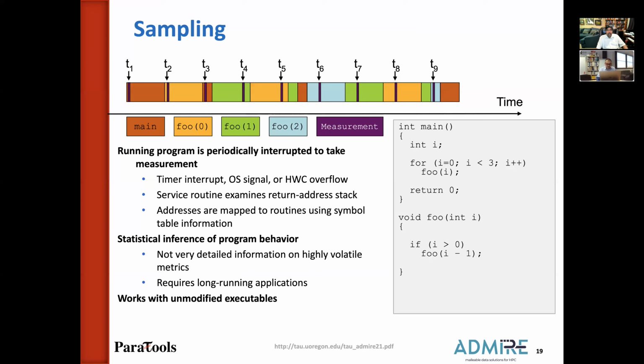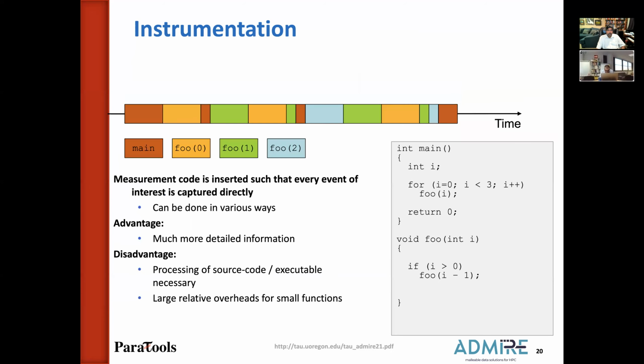It's as simple as that. You just need to correlate the address of the sample with the source line number. And for that, we use tools such as BFD, GNU binutils, or even Dwarf.